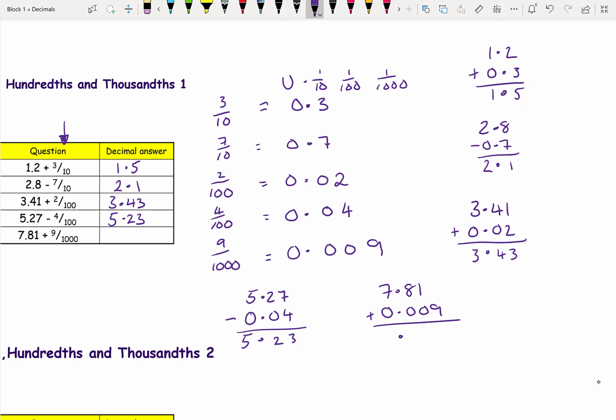So here there are 7 whole, 8 tenths, 1 hundredth, and there are no thousandths. But we need to make sure we put it there so the numbers are the same size. So we've got 0 plus 9 is 9, 1 plus 0 is 1, 8 plus 0 is 8, 7 plus 0 is 7. And so we end up getting 7.819 there. That's our answer.